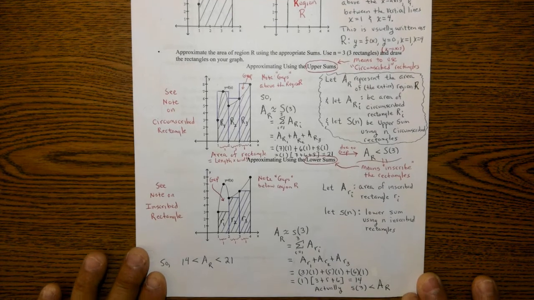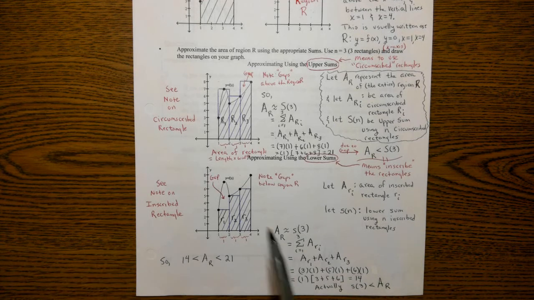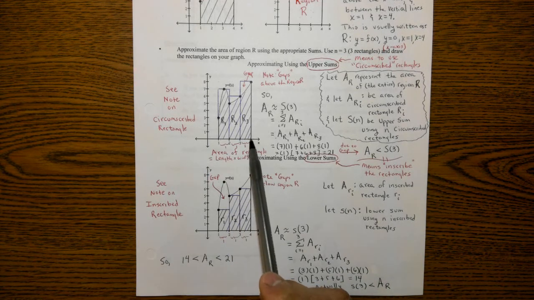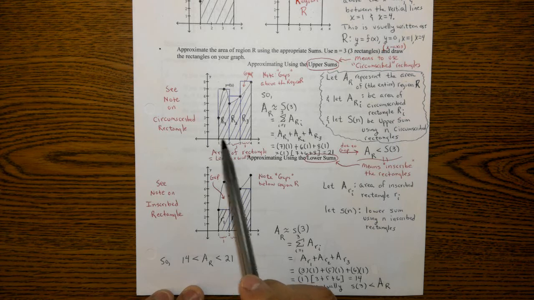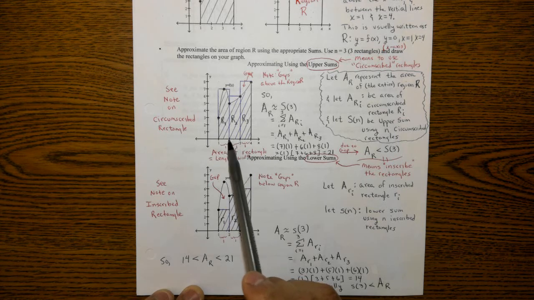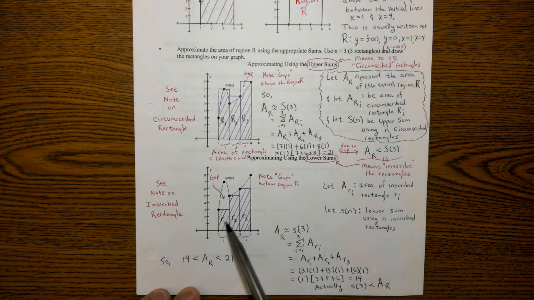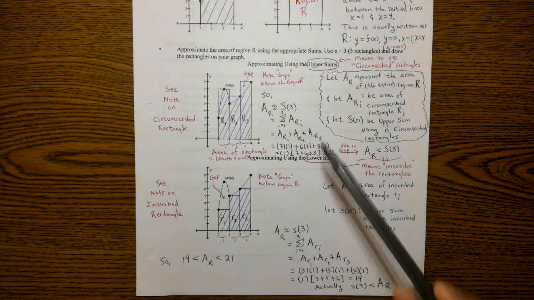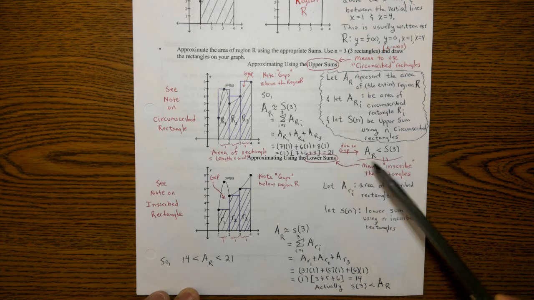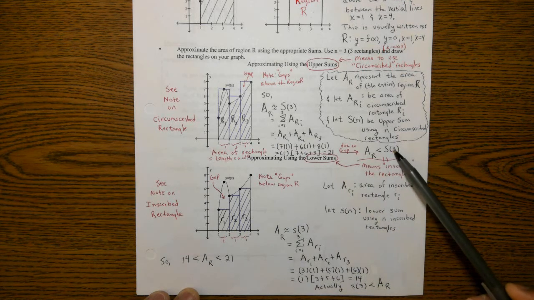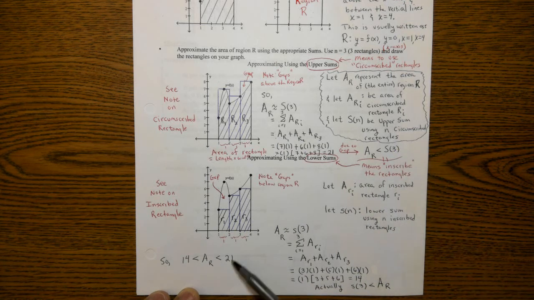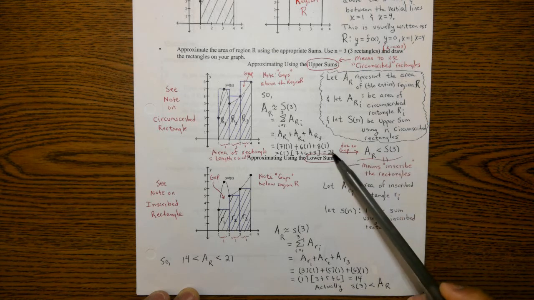Let's go back to page 1. With 3 rectangles, it was kind of obvious to just make each one have a width of 1, in both of these cases here. Notice I want to point out to you that the upper sum using 3 rectangles ended up being 21.